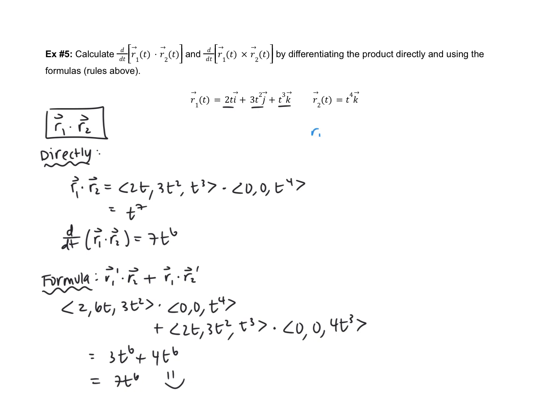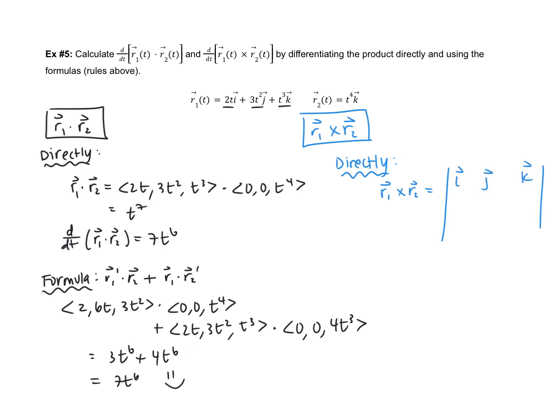Now, let's take a look at the cross product. If we do it directly, we're going to have to start by finding the cross product of these two vectors. So we're going to get i, j, k, 2t, 3t squared, t to the third, 0, 0, t to the fourth.